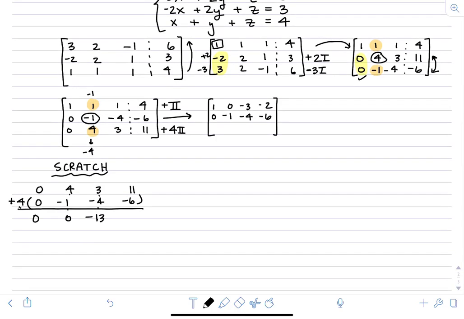And then 11 plus 4 times negative 6, that's 11 minus 24, which would be negative 13. Cool, so we can see that we got the zeros where we wanted them. Perfect, that's the goal.